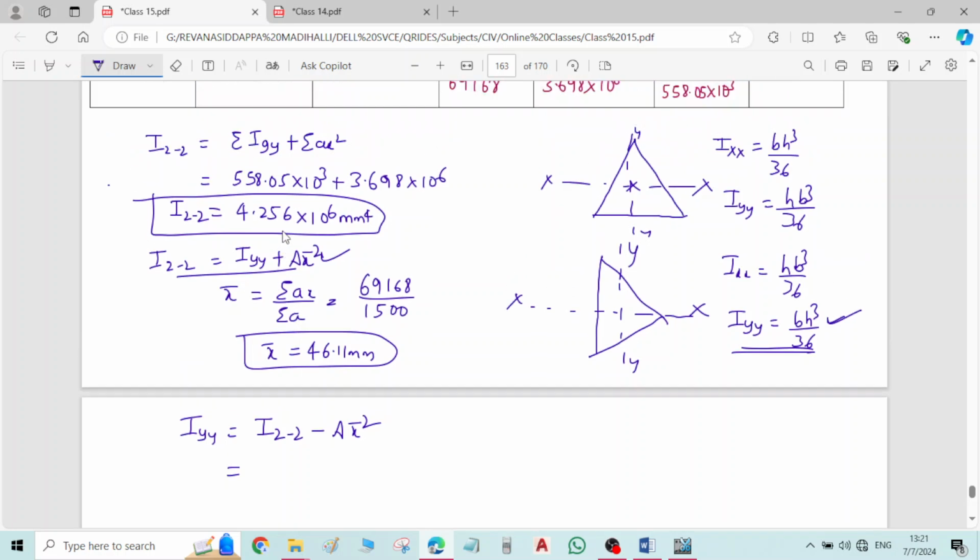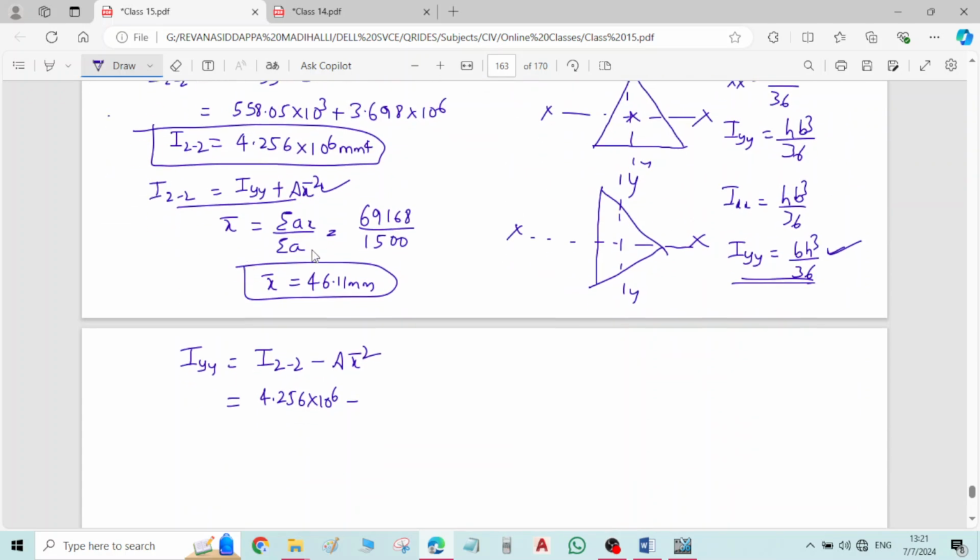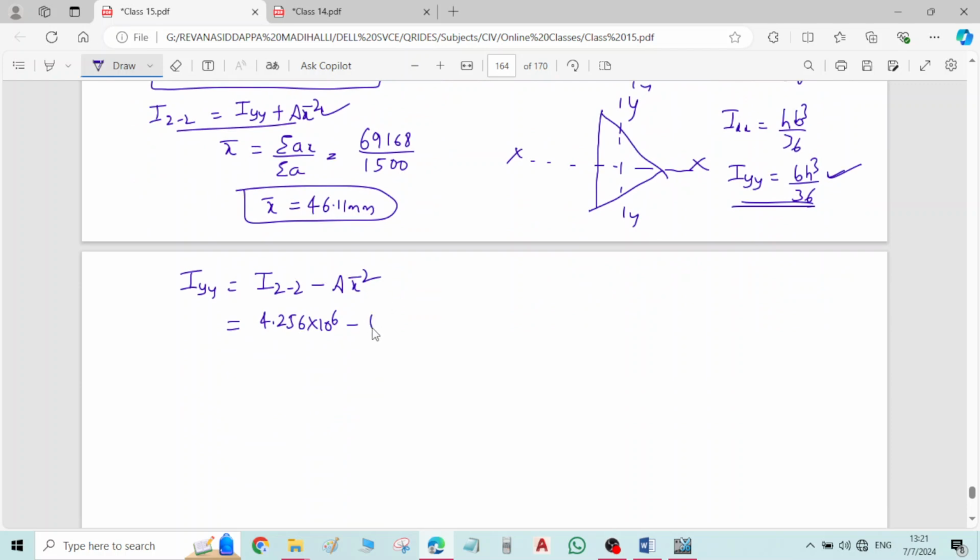I22 is 4.256 into 10 power 6 minus total area is 1500 into x bar square, 46.11 square. Therefore moment of inertia about y axis is 1.0668 into 10 power 6 millimeter raised to 4.